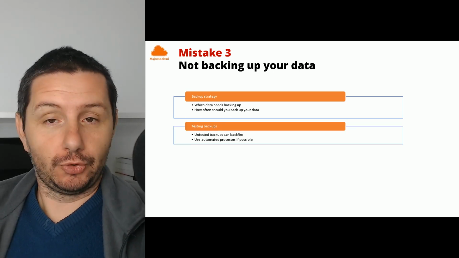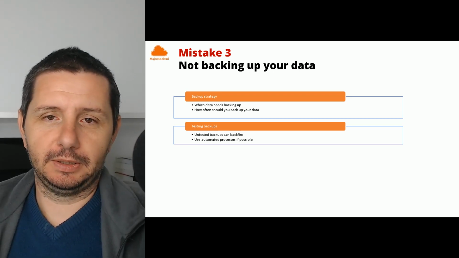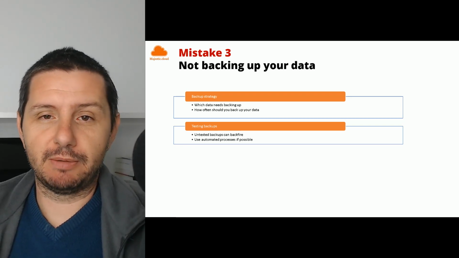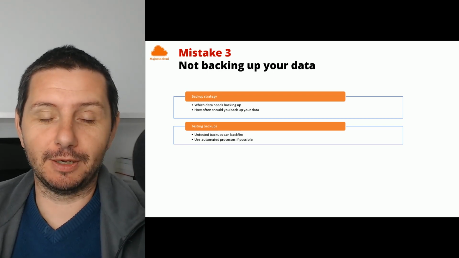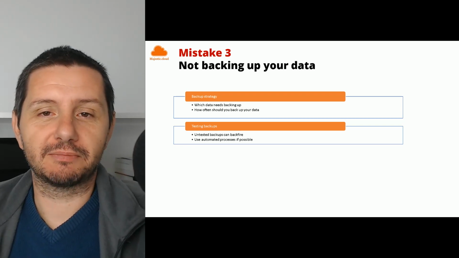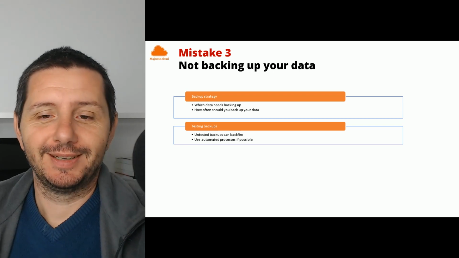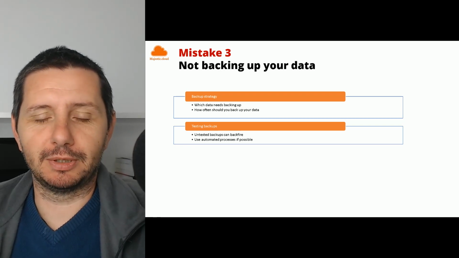Then you should also test the backups, because an untested backup is like you maybe don't even have backups. If the backup is corrupted or it has some problems and you cannot restore it, then basically you made a backup and it's not usable.